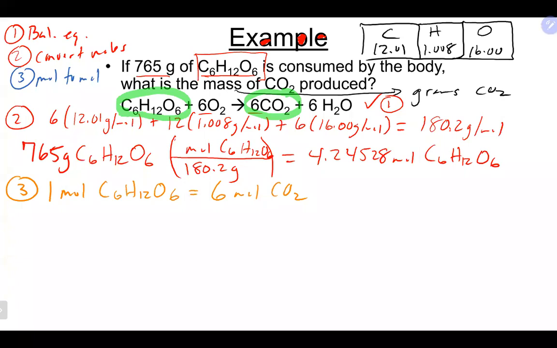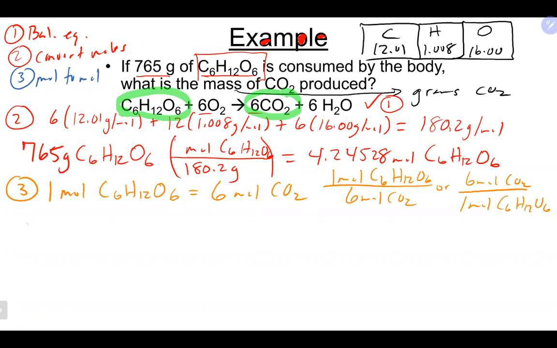That is again what's going to give us our 2 conversion factors of 1 mole C6H12O6 over 6 moles of CO2, and 6 moles of CO2 over 1 mole of C6H12O6. Too many letters. And continuing on here with our number, that means that we will need to use the conversion factor there on the right to make sure it cancels out correctly.